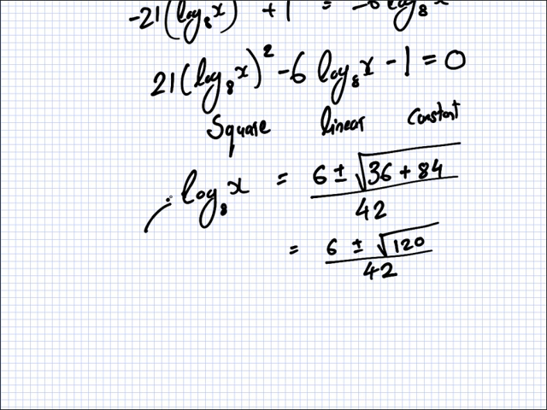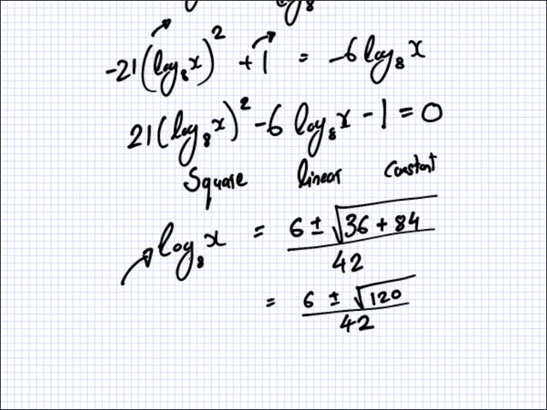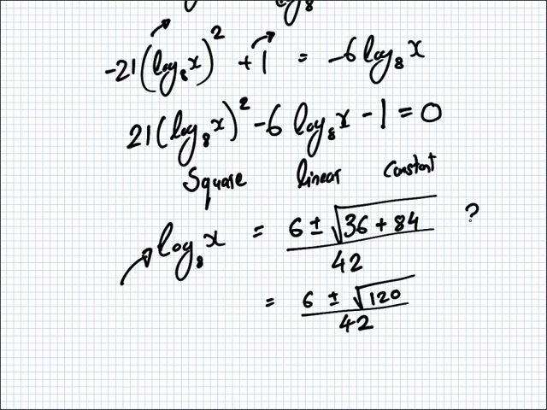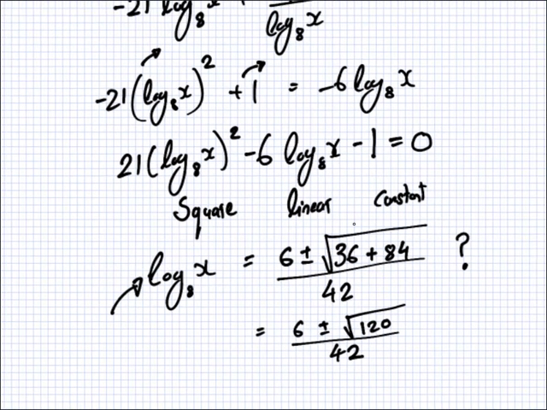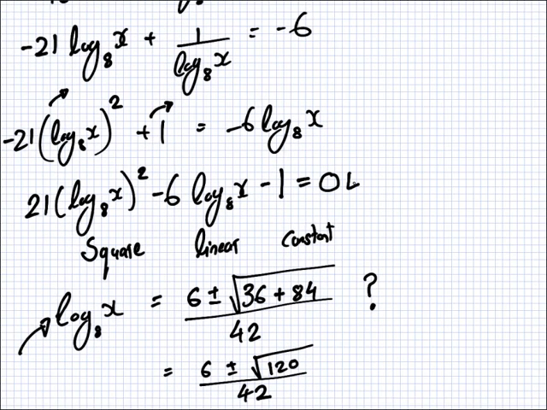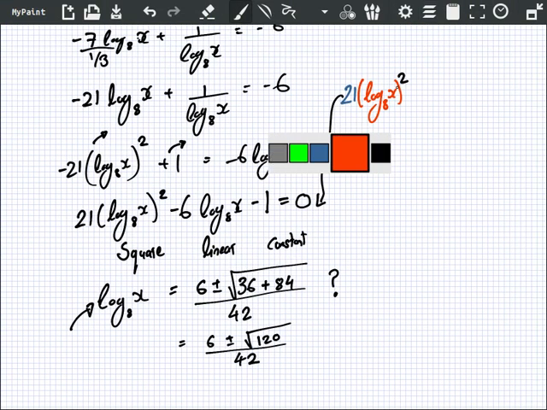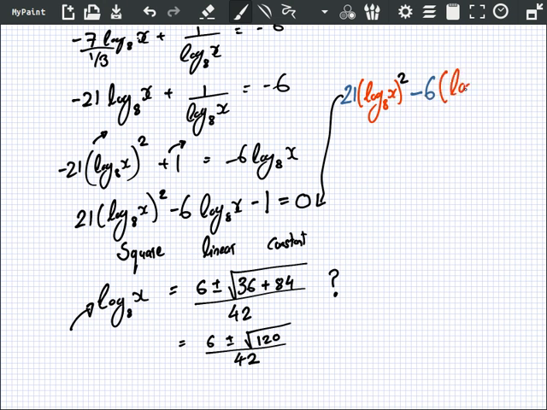Why is this here? If you look at this, I'll show you here: 21 (log 8x) squared minus 6 log 8x minus 1.